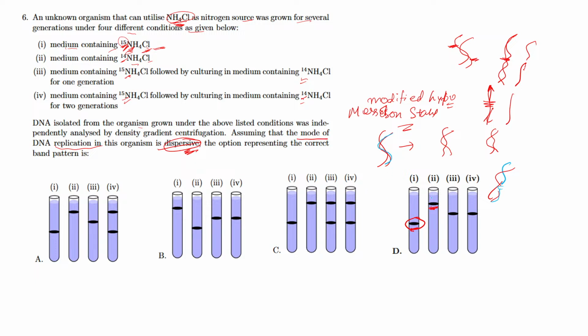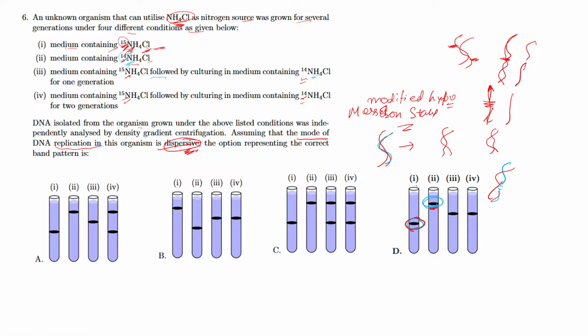So for the condition of medium containing N14 NH4Cl, I will get a lighter band over here, and a heavy band over here. Then it says that I cultured in medium containing N15NH4Cl followed by culturing in N14NH4Cl.